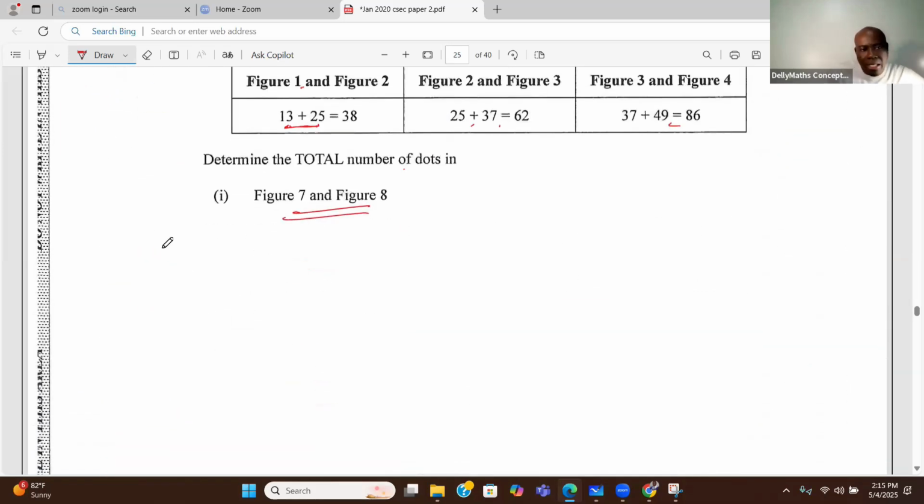So I'm just saying, if figure 7, the number of dots, we're under the dot column, it's 12n plus 1. 12 times 7 plus 1. 84 plus 1. Hold on. Sorry, this is 85. So that is the dots for the 7th figure.